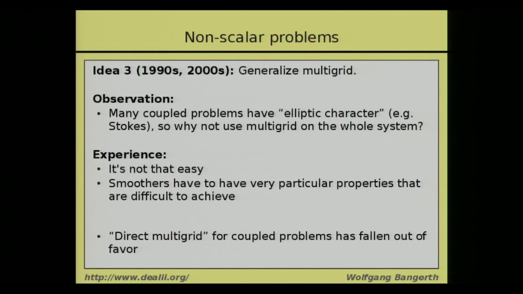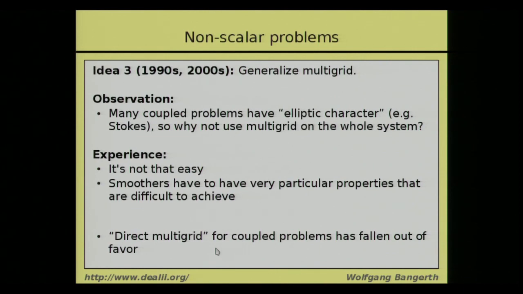And as a consequence, it's very difficult to come up with multigrid methods for coupled problems that work on the entire coupled problem all at once. People tried in the 90s and in the early 2000s to come up with multigrid methods for coupled problems, and it did not really seem to work out so well. So just like the Vanka preconditioner, direct multigrid for coupled problems has a little bit fallen out of favor.